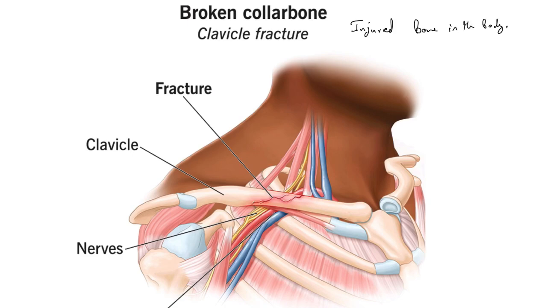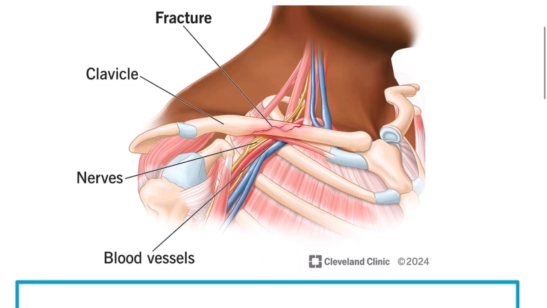Mostly, you can see this bone here, we call it the clavicle bone. If anything happens in between, a disruption of the bone, then we call that a fracture. Here we have to understand this very important point: the middle part of the bone, at the junction of the distal thirds, is very delicate and prone to fracture.